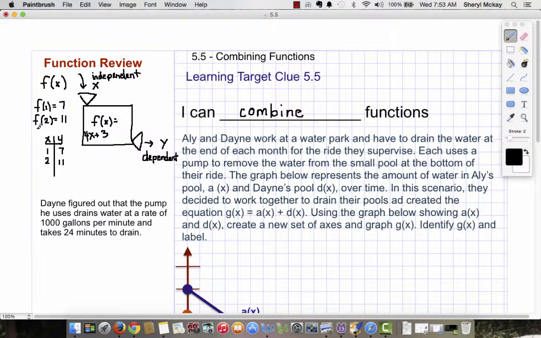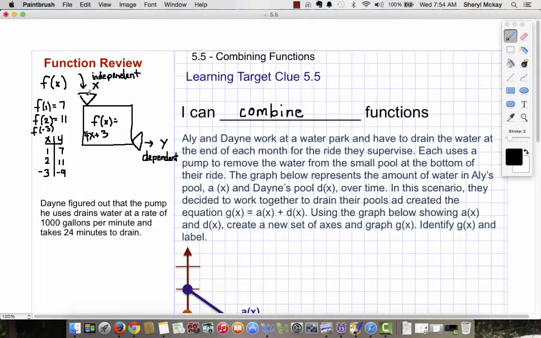Let's try negative 3. If we find f of negative 3, we put negative 3 into our machine. Negative 3 times 4 is negative 12, plus 3 is negative 9.